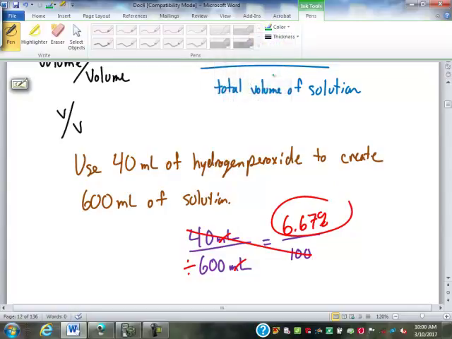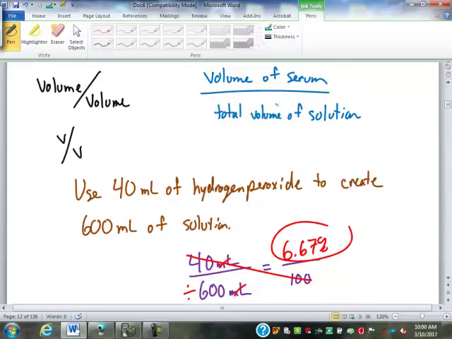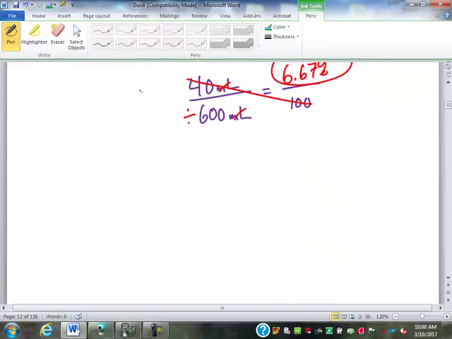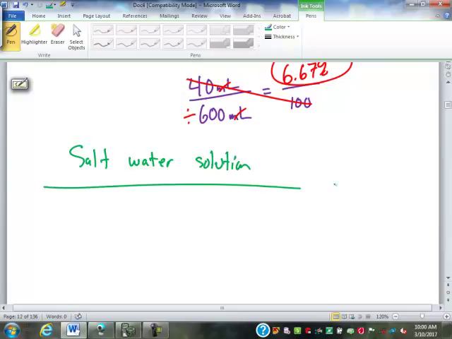Now, we have to be very careful with volume in volume solutions when we measure the volume of what we're adding in that solution. For example, let's look at a saltwater solution. A volume in volume solution is not additive.